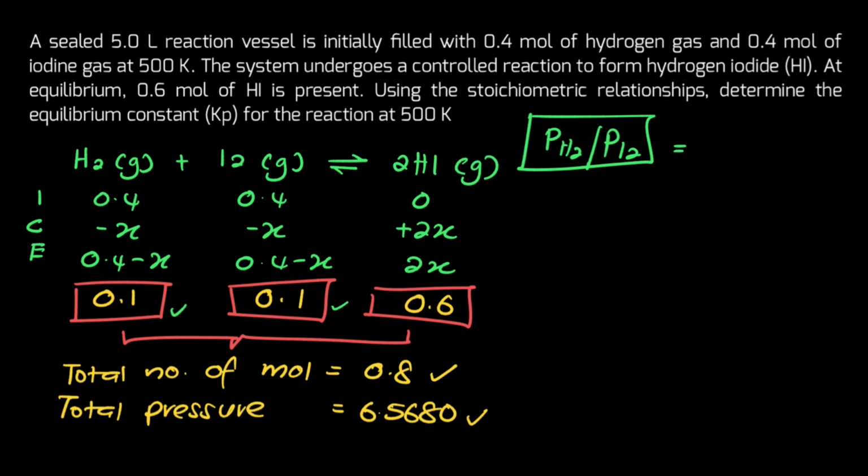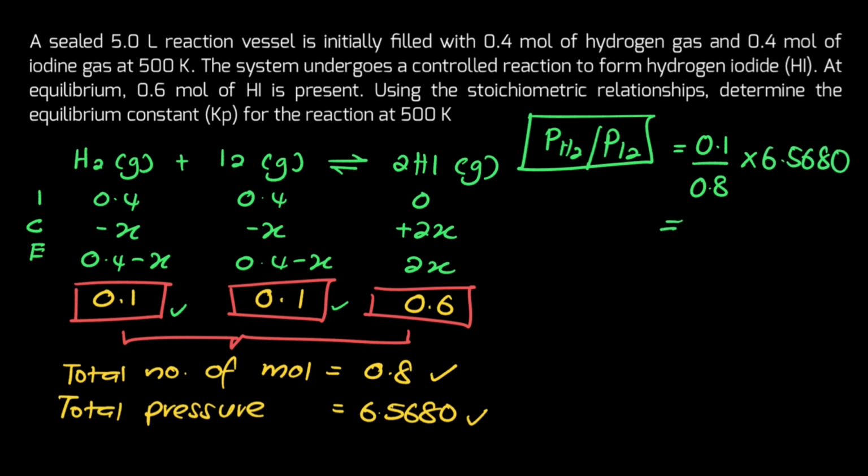The partial pressure is the mole fraction, the number of mole at equilibrium divided by the total number of mole, 0.8, times the total pressure, 6.5680.